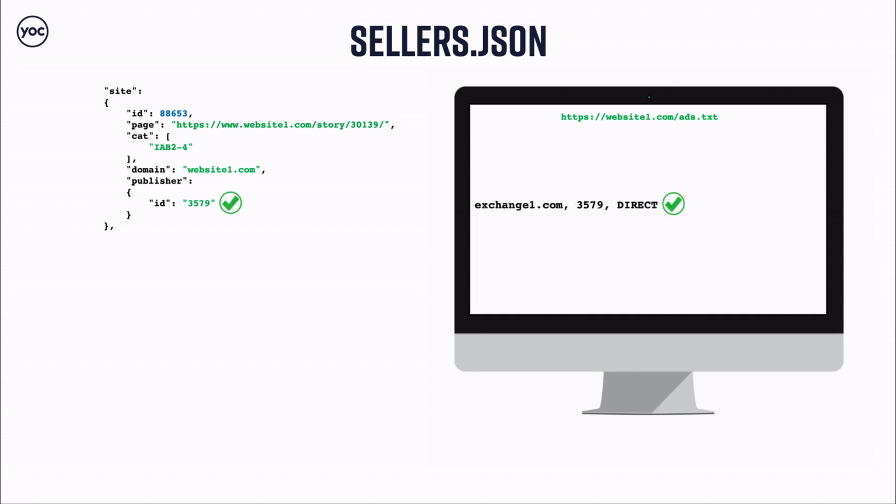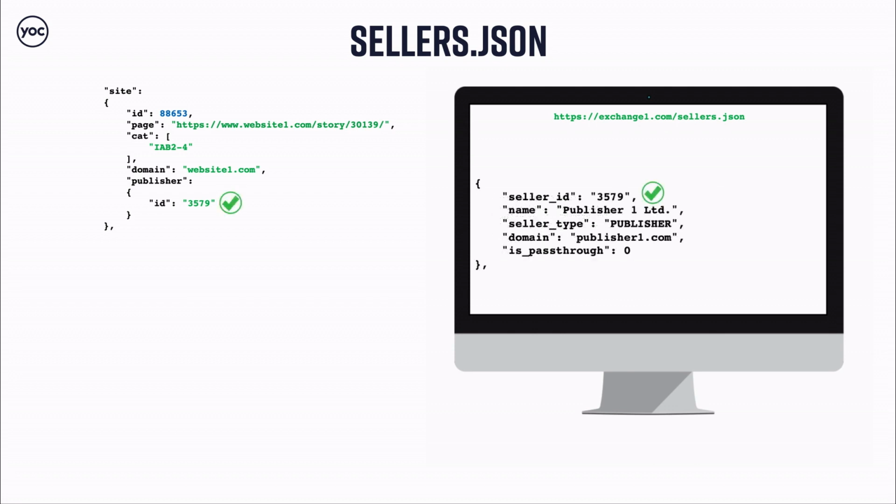If the AdExchange1 has correctly implemented sellers.json file on their domain, then the buy-side platform would get an opportunity to scan this file as well. It would look for 3579, which is matching the publisher ID and the string that they found in the ads.txt file.